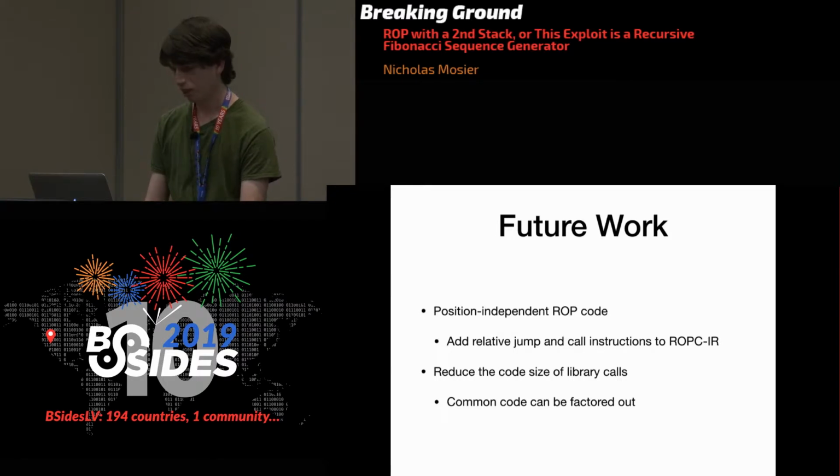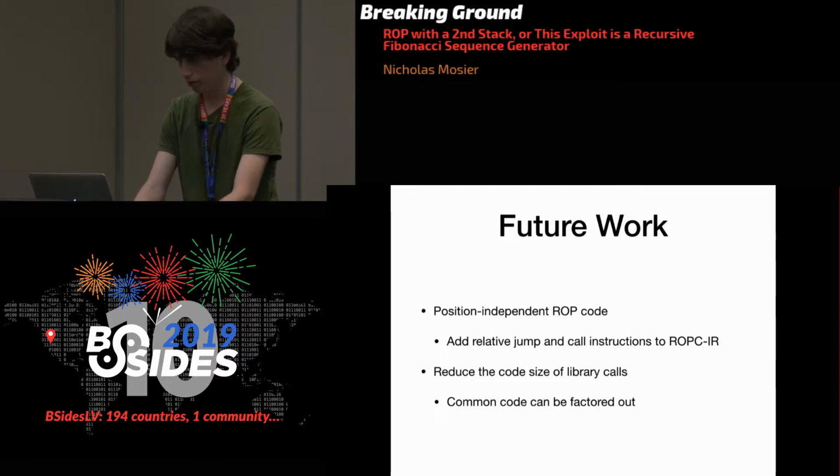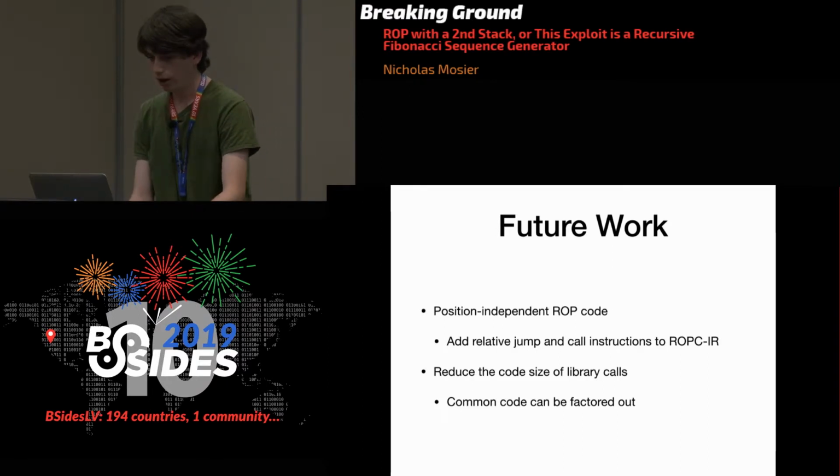So I'm done presenting the internals of ROPC. Here are some ideas for future work. So I think one big improvement would be if it was position independent. So one way to do this would be to add some additional instructions to ROPC-IR, adding relative jumps and relative calls.